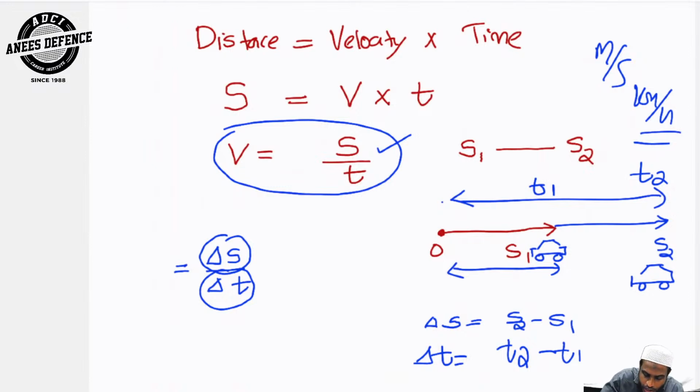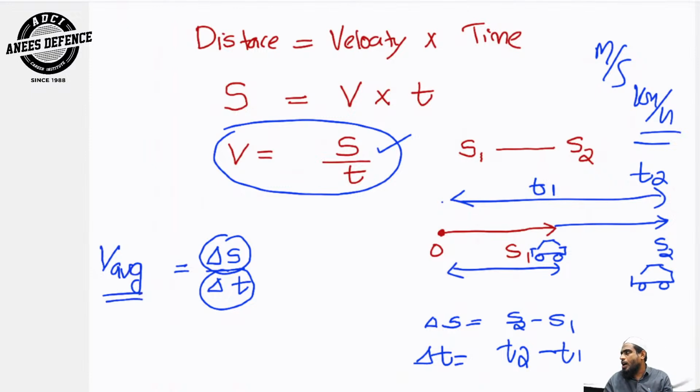So delta S by delta T is delta V, or you can say this is change in distance by change in time. So you can represent it as average velocity.